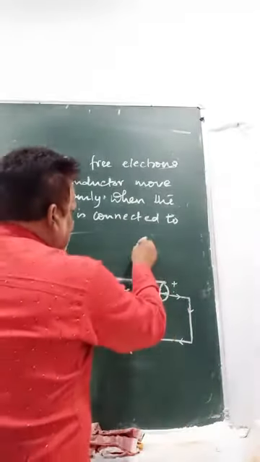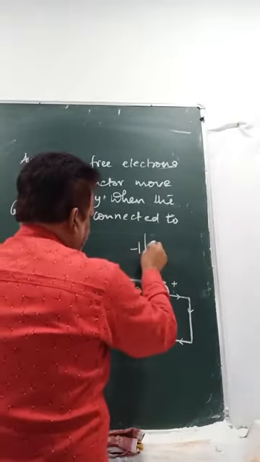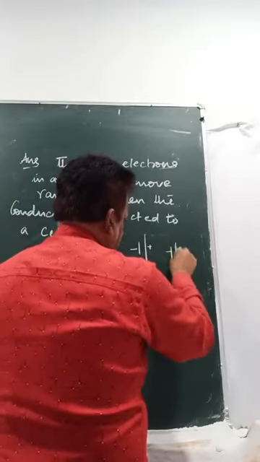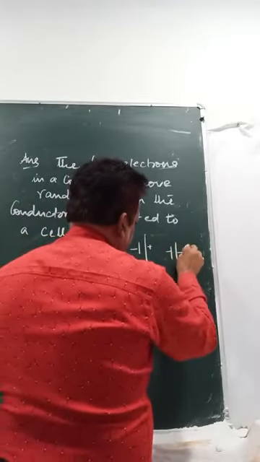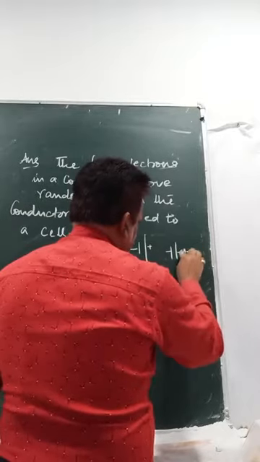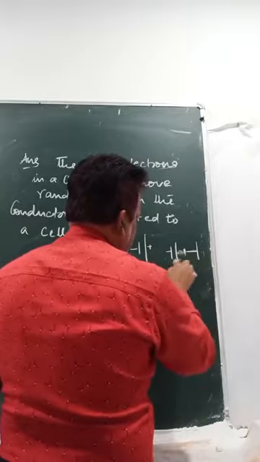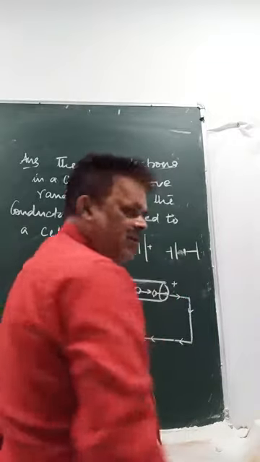So this is your cell, one is a cell. But if you connect one cell, then another cell, like this, there are two cells here. These combinations will be called a battery.